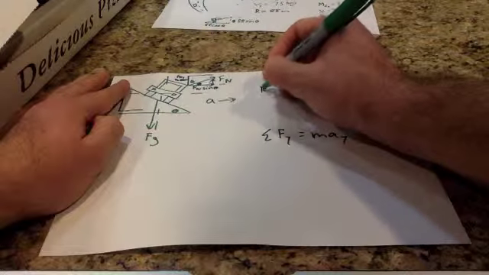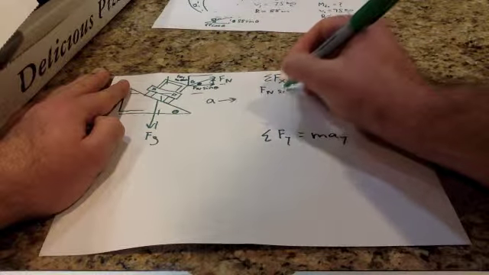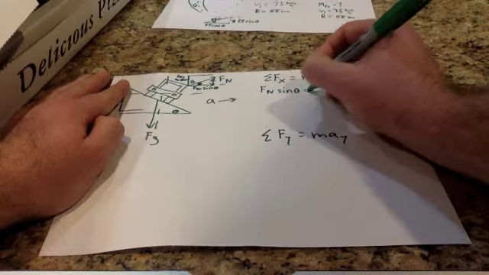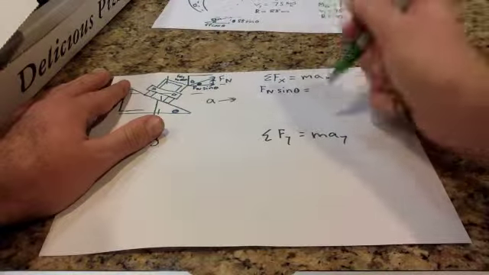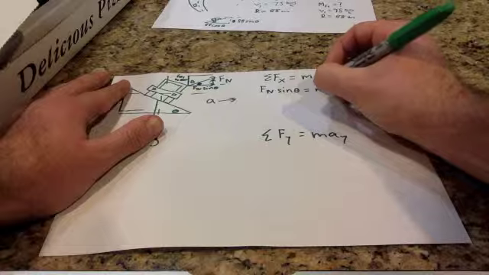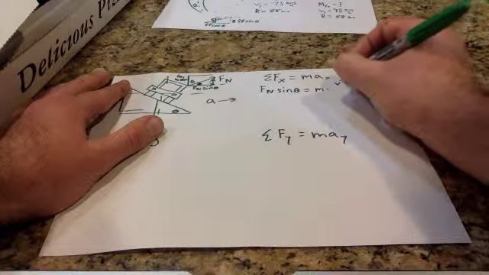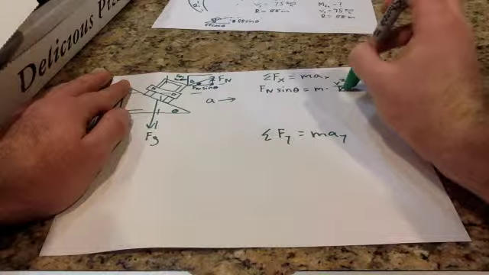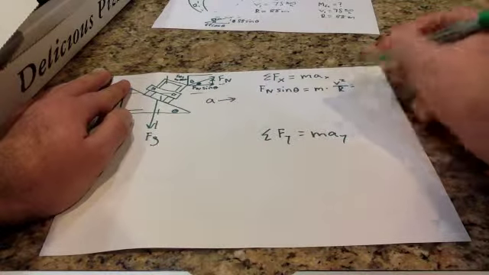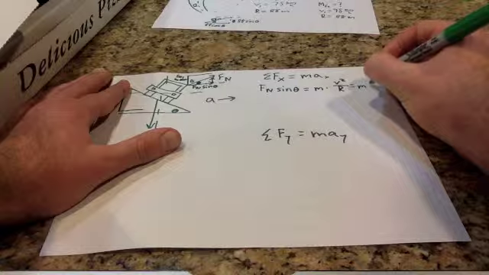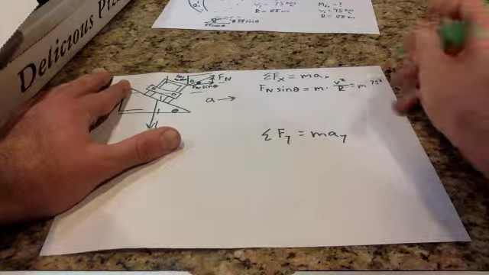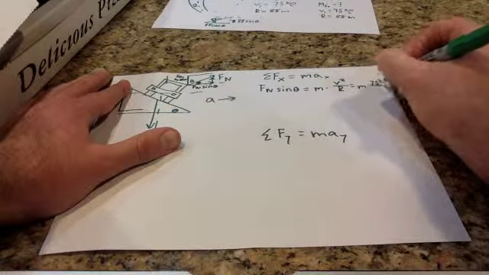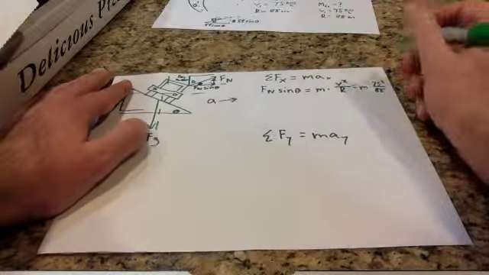So F_n times the sine of theta equals the acceleration of the x, which is the mass times the velocity squared over the radius. Now we know our velocity squared and the radius, so this would be equal to mass times 75 squared, which is our velocity, over the radius, which is 88.